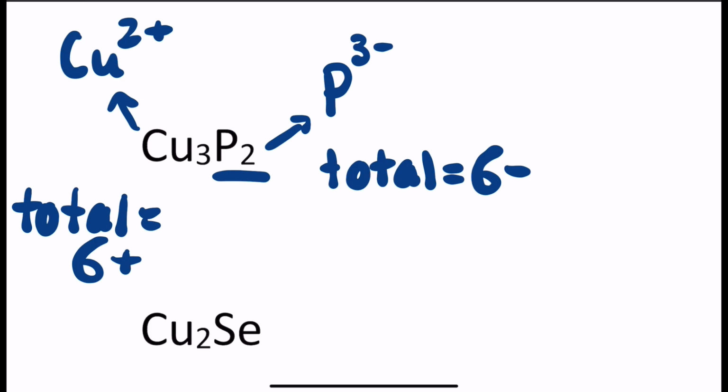So whenever we're naming this compound, we are going to use this charge of a single copper ion in the name as a Roman numeral. So the Roman numeral is going to be 2. It's not going to be 3. Remember, the Roman numeral is the charge of a single ion. Also, the Roman numeral is not going to be 6. It's not the total charge. It's just the charge of a single ion.